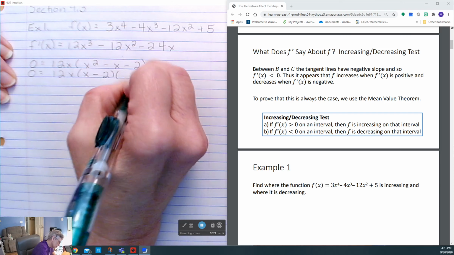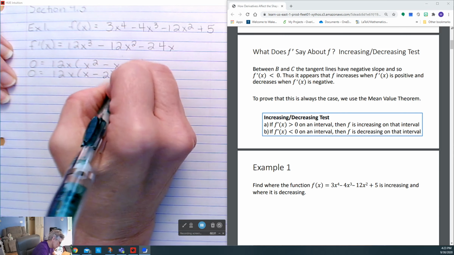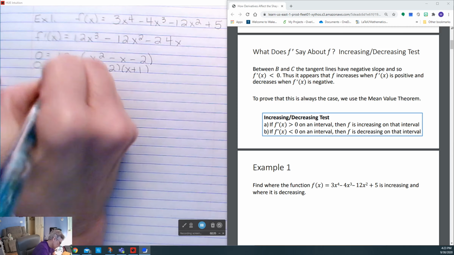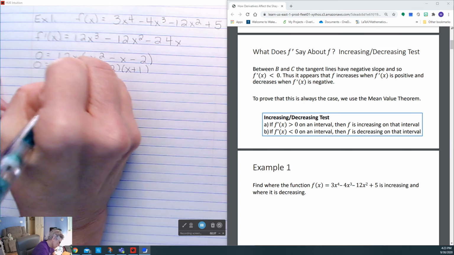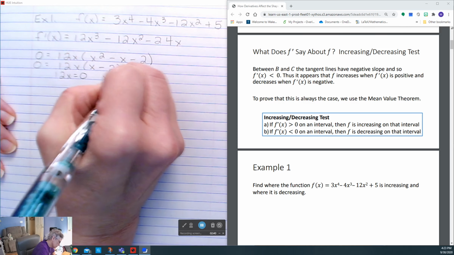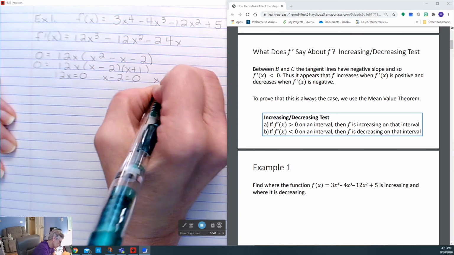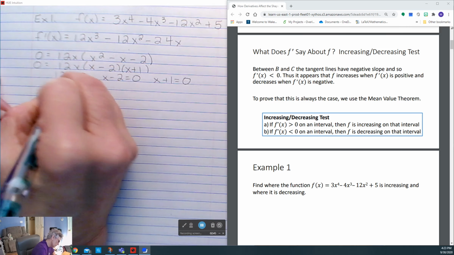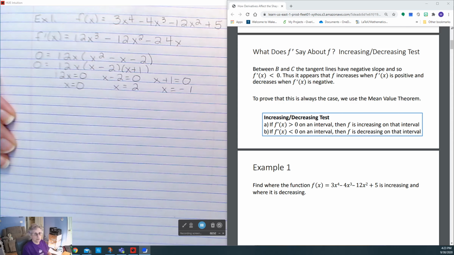And two numbers whose product is negative 2, whose sum is negative 1, minus 2 plus 1. So 12x equals 0, x minus 2 equals 0, or x plus 1 is 0, x is 0, x is 2, or x is negative 1.